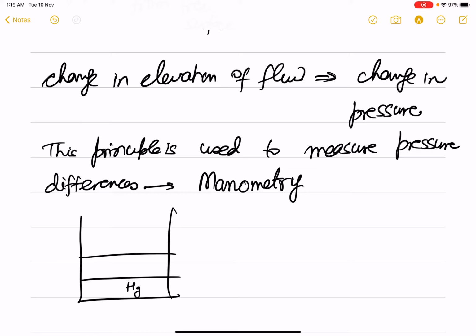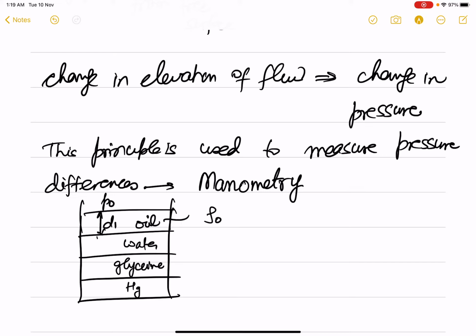Now, before we look at manometry, let us consider we have a container in which we have mercury, glycerin, water, and oil. Let the pressure at the top be P0. Let this depth be d1. Density of oil be rho o. Let this depth be d2. And let the density of water be rho w. This depth is d3.